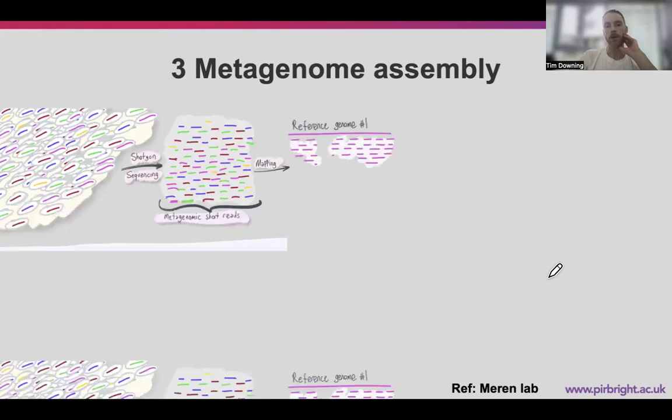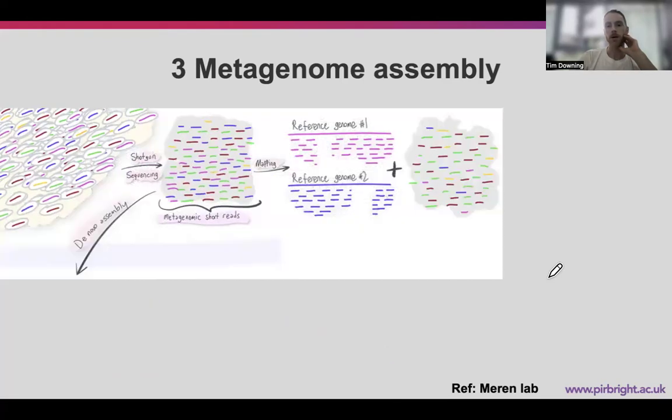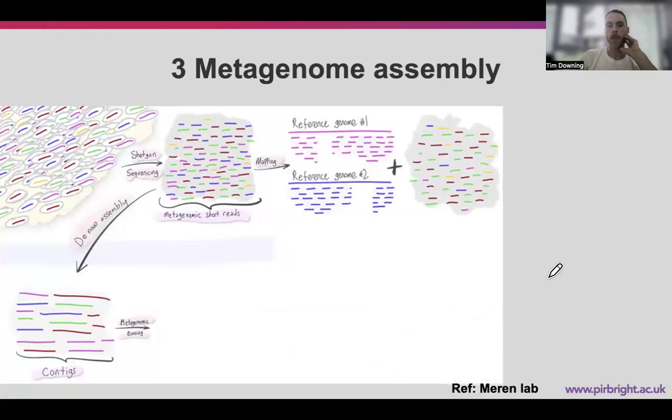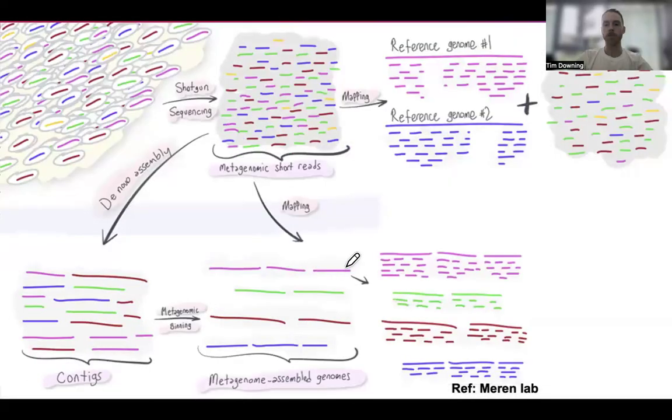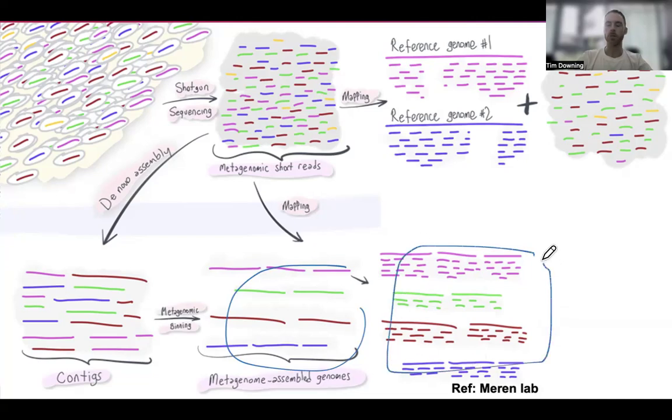We may have different reference genomes that are present based on our mapping, and we're able to create contigs from that and take these to generate our metagenome assembled genomes, or MAGs. So part A of our lab is more like this because we're using Kraken2 to assist with this extraction of the short reads that are known. And part B will do de novo assembly of the whole metagenome to see what we get.